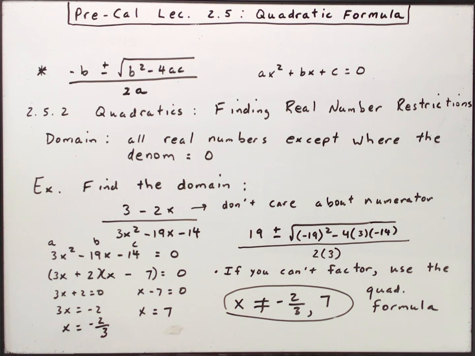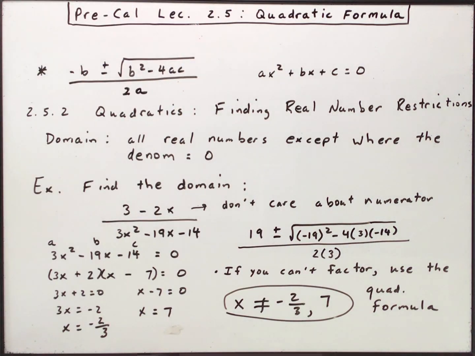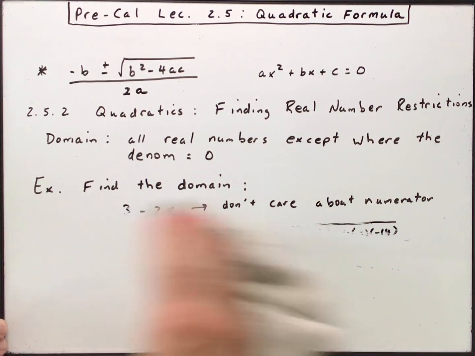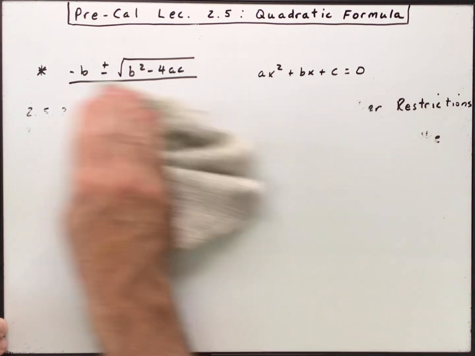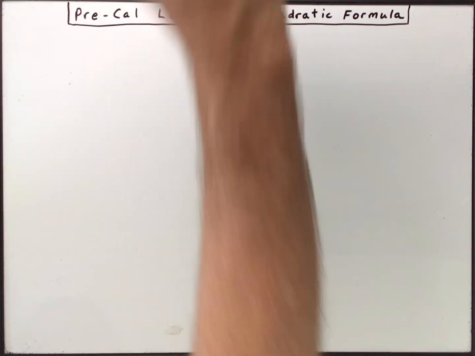And you may end up looking at that and say, I don't even want to bother to try to factor that. But the quadratic formula is complicated, and you can end up making mistakes just by accident. So I do think it's always worth trying to factor if you can.